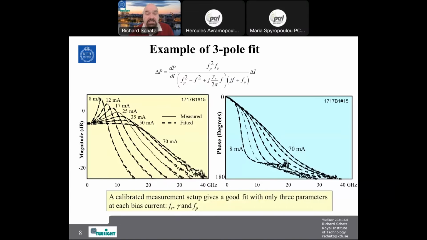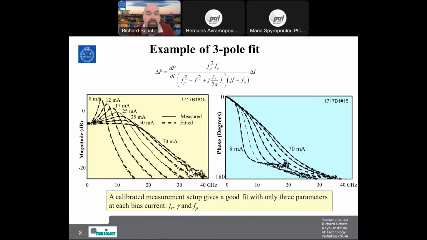So here is an example of this transfer function, which we saw, the three-pole transfer function. The dashed curves here are the fitted values to this formula, whereas the solid lines here are the measured values.